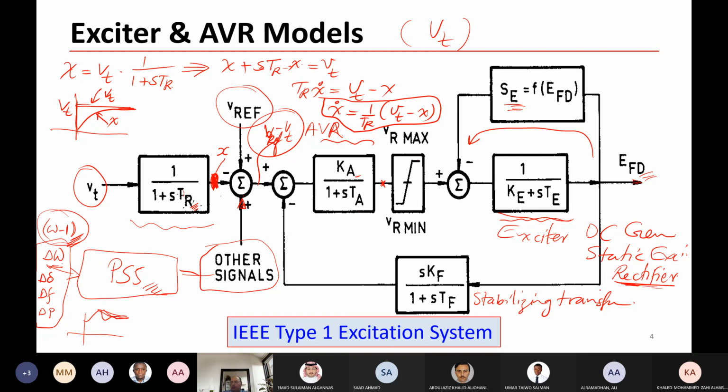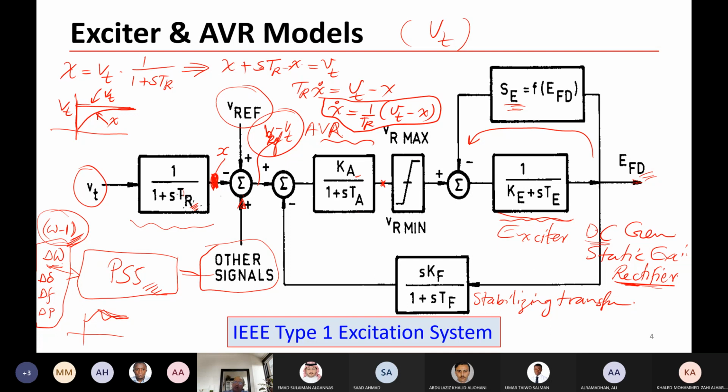We may also have an AC exciter, not only a DC generator but an AC generator, and the output of that generator will be rectified to DC to supply the field winding.